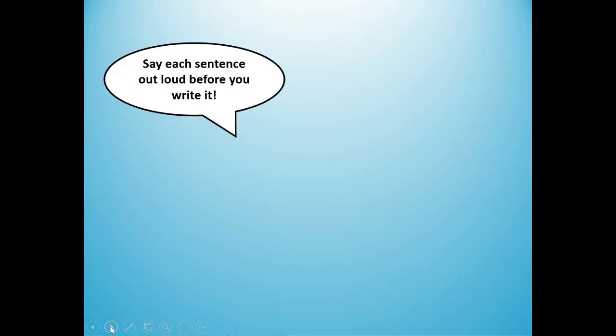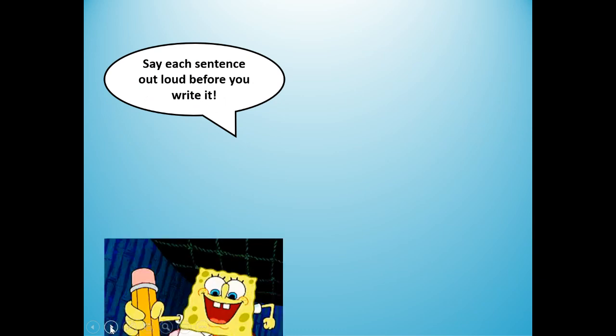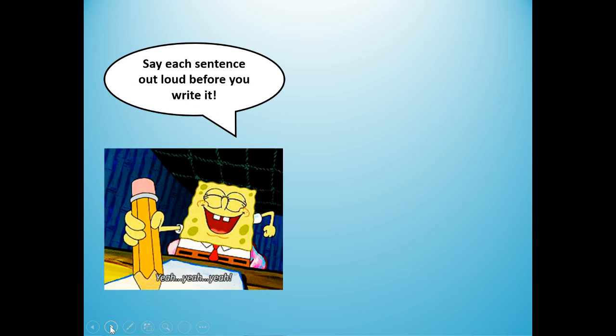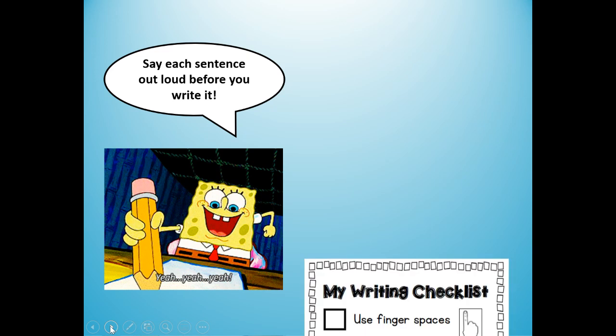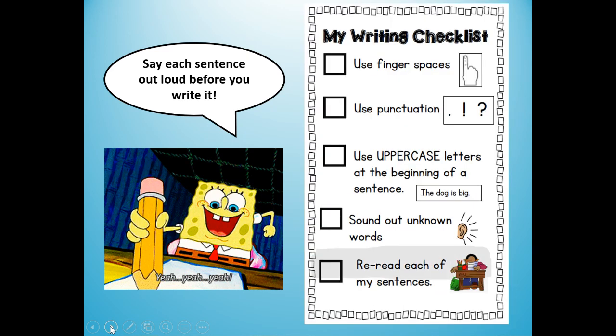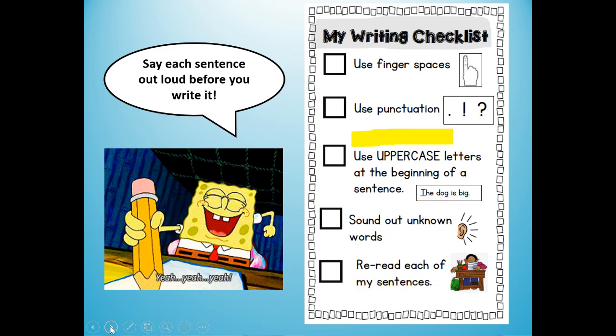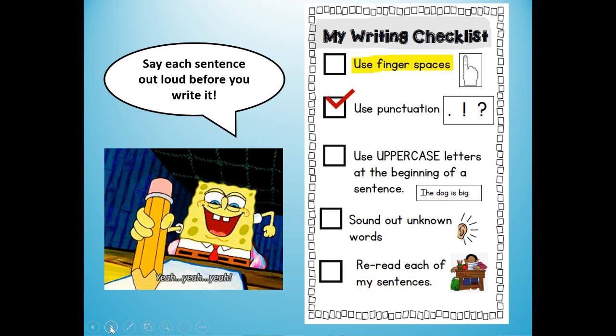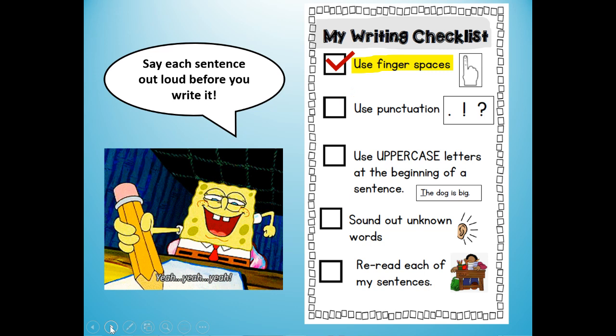All right. Just a reminder, say each sentence out loud before you write it. So I'm going to give you your sentence starter, but I want you to say your sentence out loud before you write it. And here's our writing checklist to remind you of what to do as you write. Use finger spaces between each of your words.